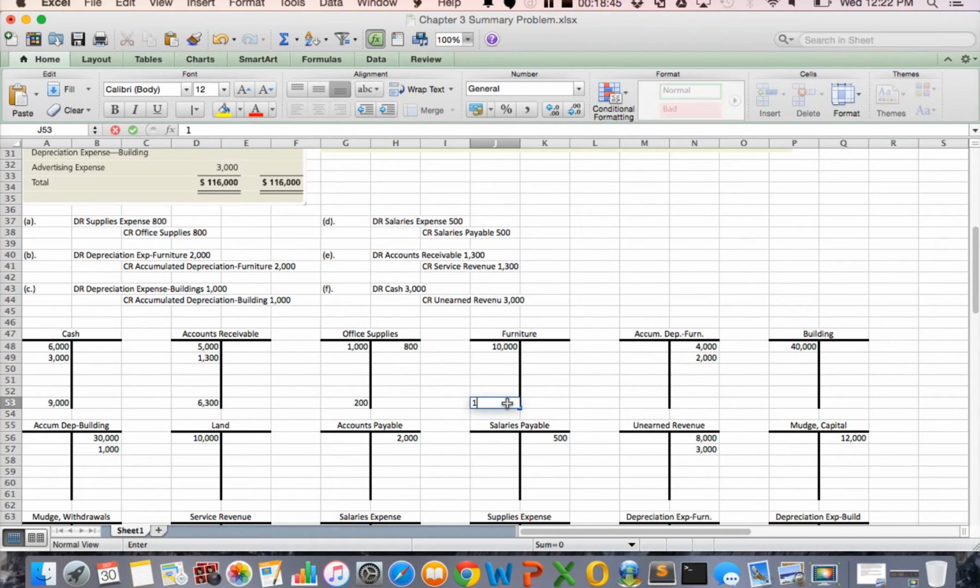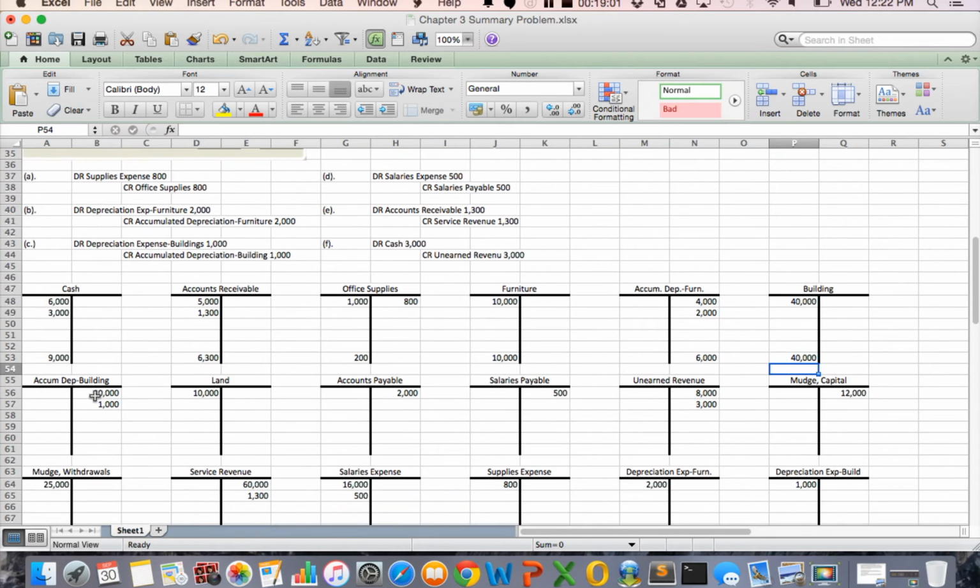Furniture, nothing changed. There's only one entry. I'll just put that down at the bottom. 4,000 plus 2,000, 6,000. They should all be super easy when they're all just on one side or the other, because all you're doing is adding straight down. 30,000 plus 1,000. Land doesn't change. Accounts payable doesn't change.